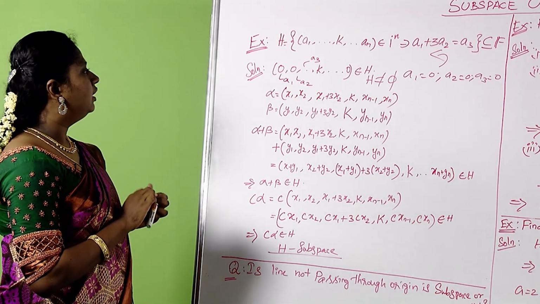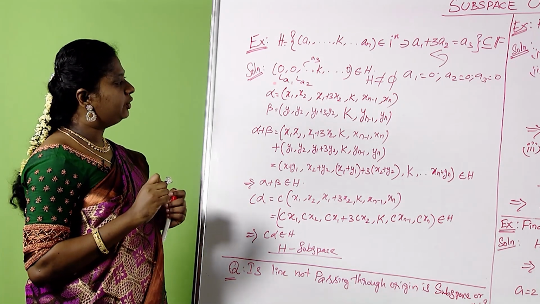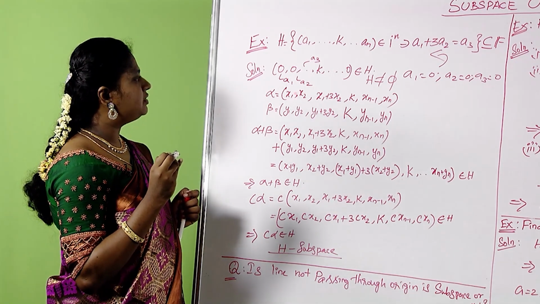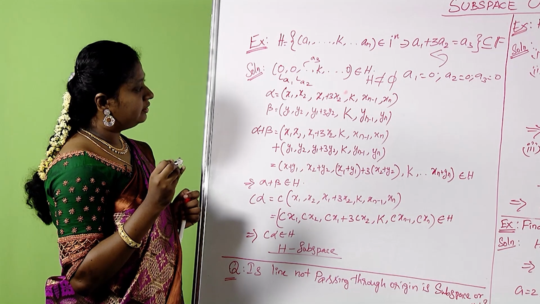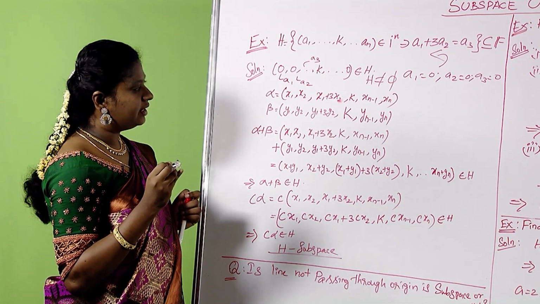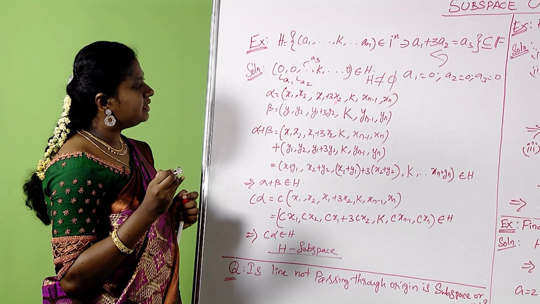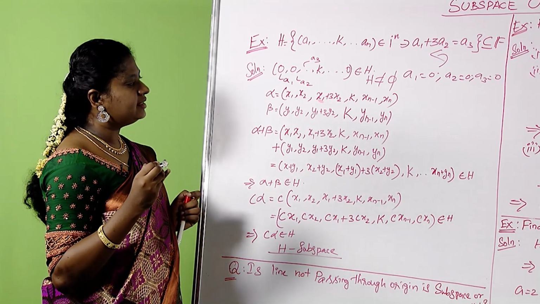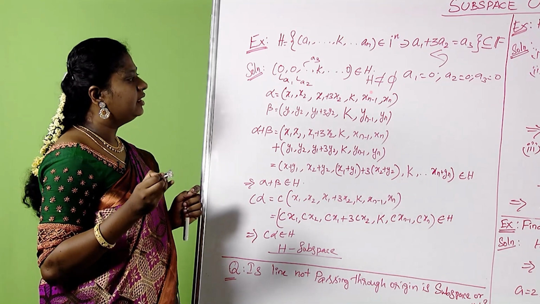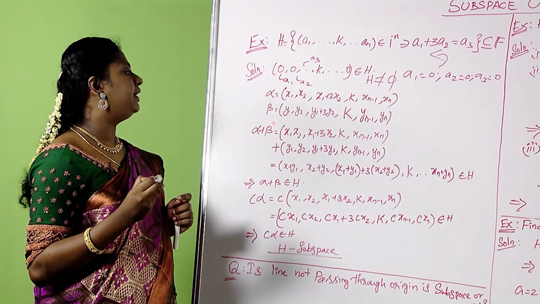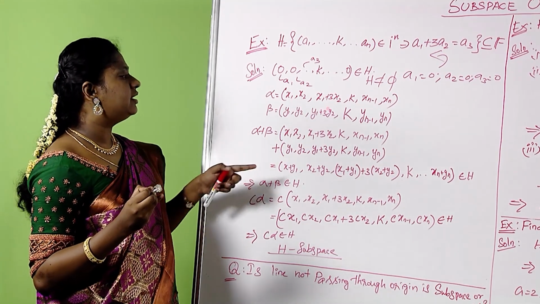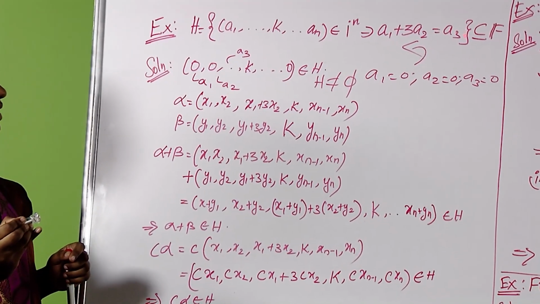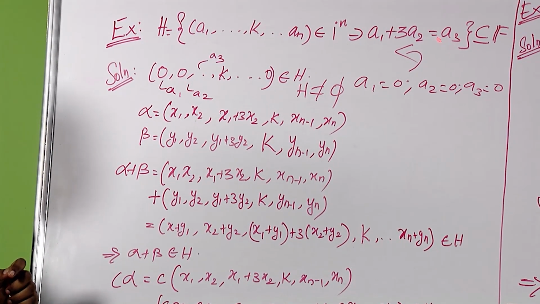Now, after finishing this, I am taking two random elements, alpha and beta. Alpha is equal to (x1, x2, x1 plus 3 x2, ..., xn), because it has to satisfy the condition. I am not worrying about the rest of the entries, they can be any entries. Similarly, for beta it should have y1, y2, and the third entry I have to be very careful about, because the given condition focuses only on the third entry.